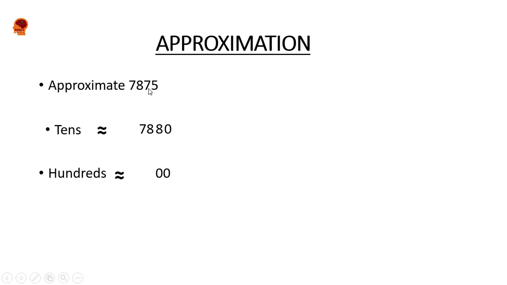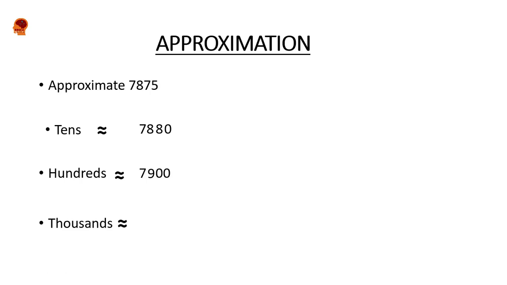The 7 is what we're actually looking at, because it is the number before the place we are correcting to, which is the hundreds. So 7 turns 0 and adds 1 to 8, which eventually turns 9, and then I have my 7 placed there. So I've been able to approximate 7,875 into hundreds, which is 7,900.